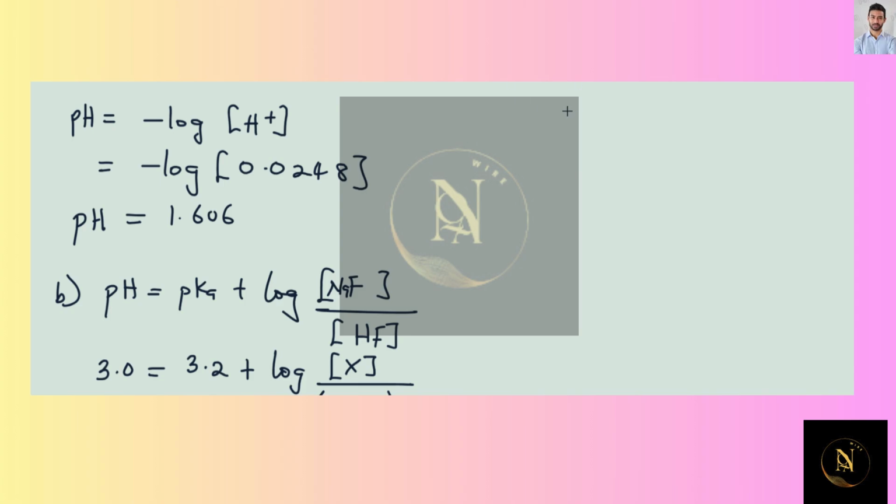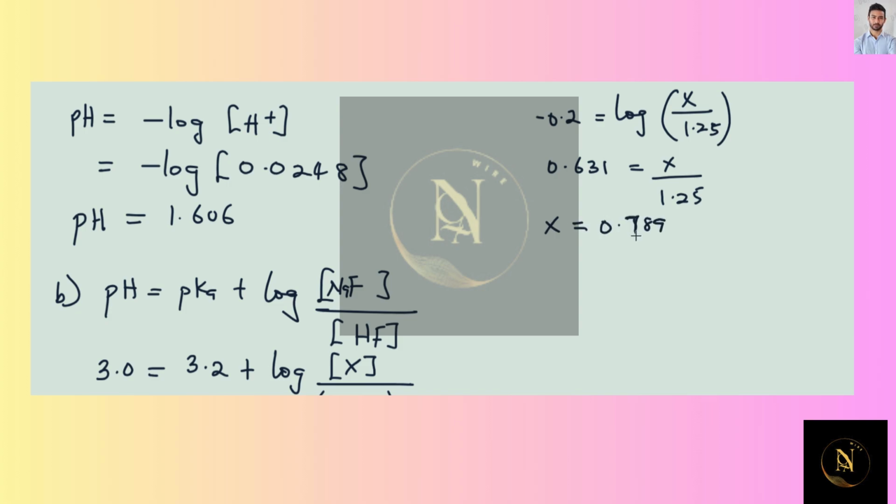If we solve this, it will be minus 0.2 equals log of x over 1.25, and this will be 0.631 equals x over 1.25. Therefore x will be 0.789 mole, and that is the number of moles of sodium fluoride.